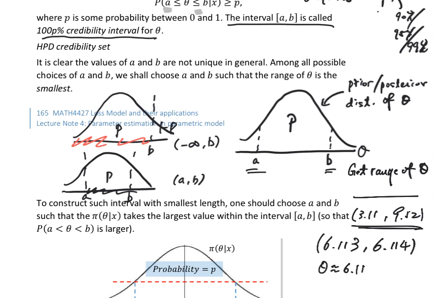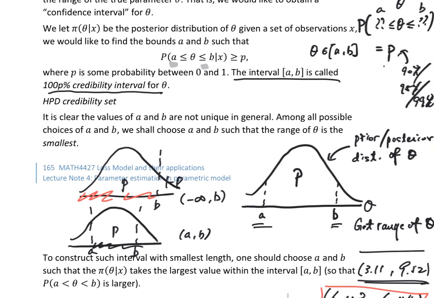So if you have a narrower interval, it will give you a sharper estimate of theta. In other words, when we choose this credibility interval, our goal is to choose the interval with the shortest length.